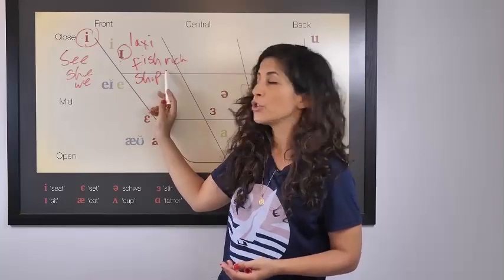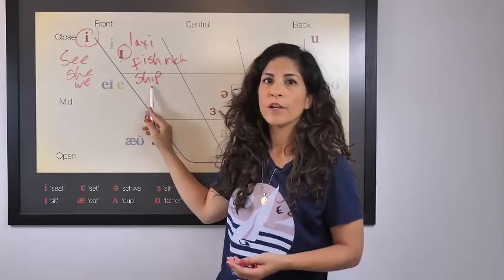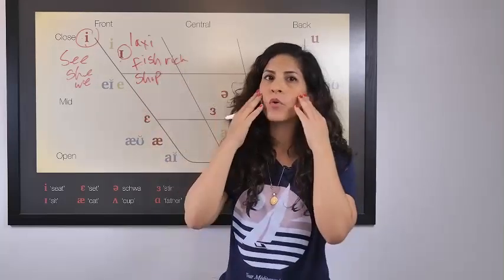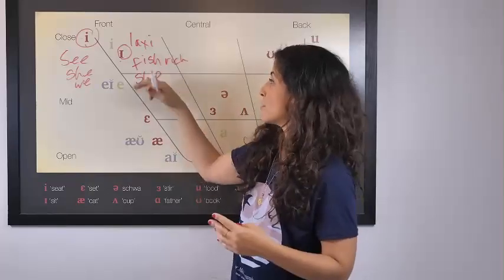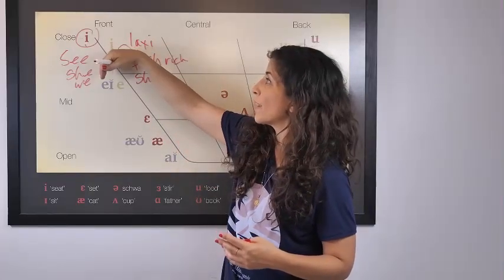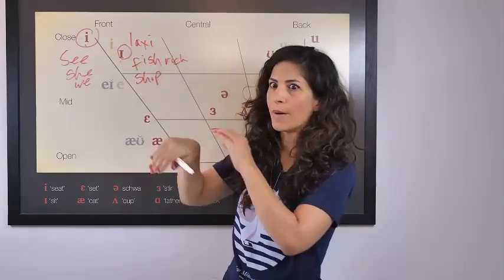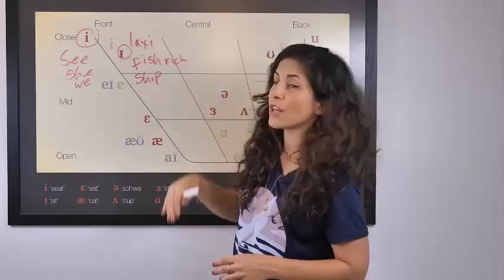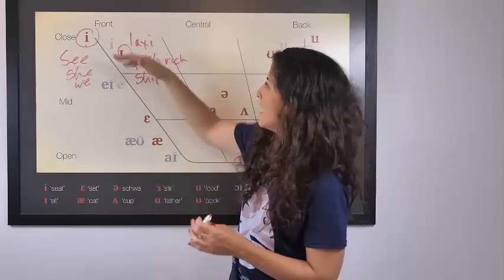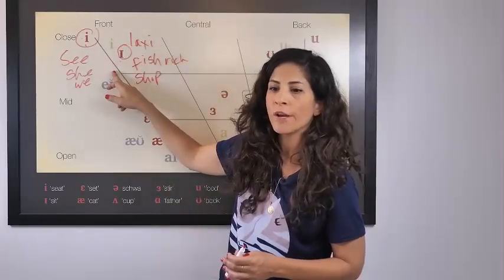Fish, rich, and ship. It's relaxed, so the jaw is dropped. The jaw is dropped also because I want to bring the tongue a little lower, the body of the tongue, right? So it's not close to the upper palate, because as you can see, it's a little lower on the chart.